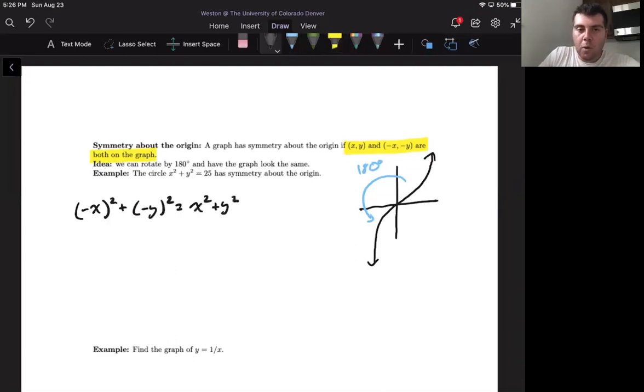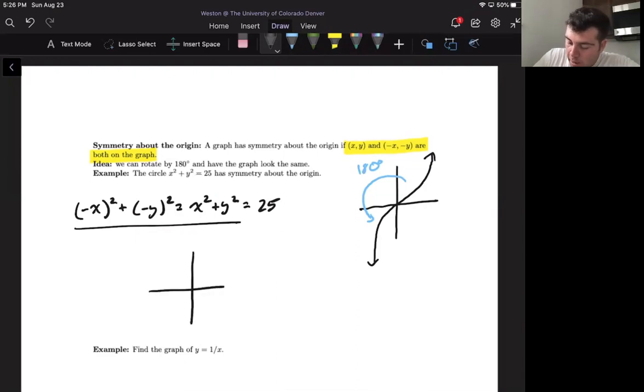And if x and y are a point on the circle, then negative x and negative y will be by this computation. So therefore, the circle has symmetry about the origin. Which makes sense because if we draw the circle, it looks something like this. That's at 5. Clearly, if we rotate this 180 degrees, it'll look the same.